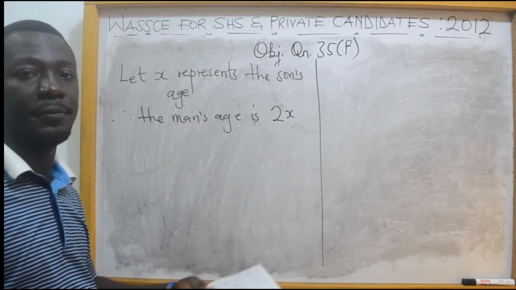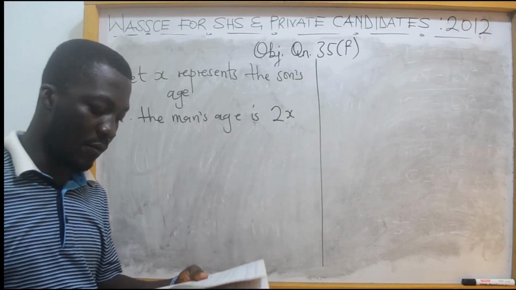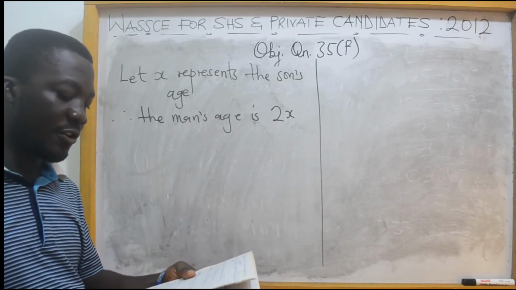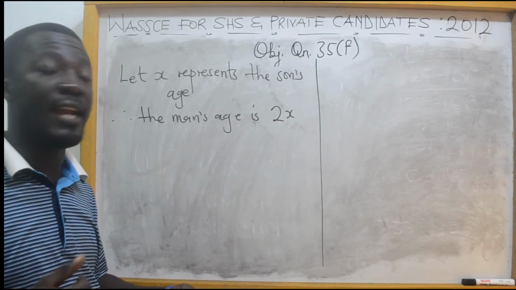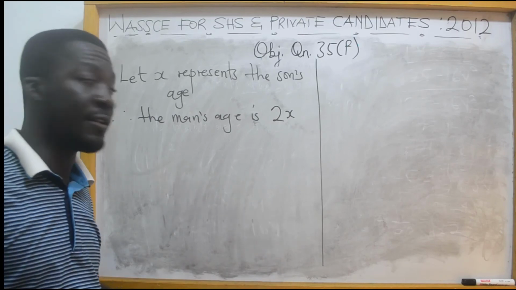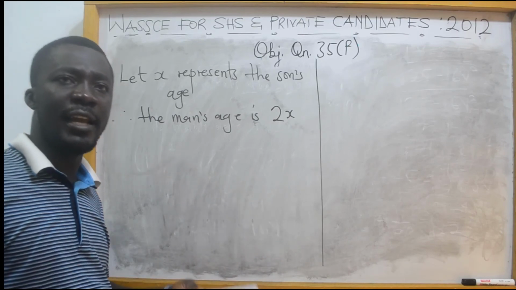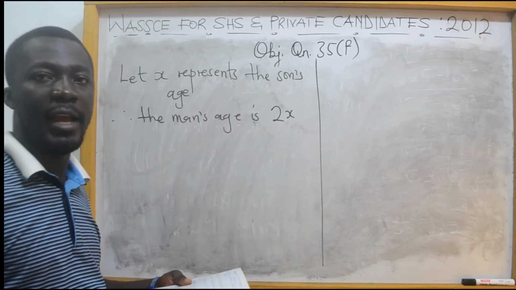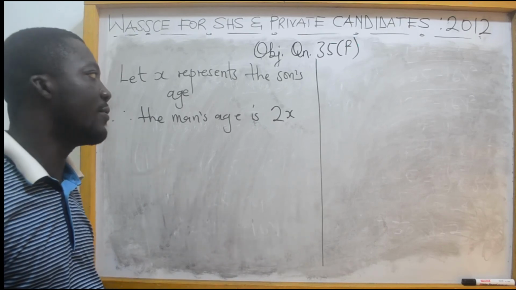It continues. 5 years ago, the ratio of their ages was 9:4. So 5 years ago, let's try to find the ages of the man and the son 5 years ago.